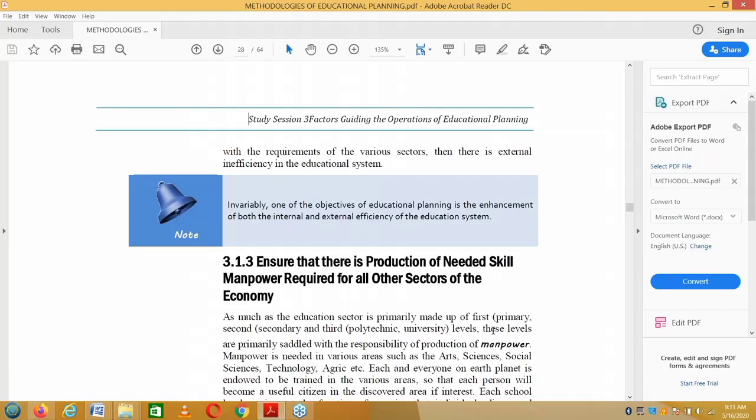these levels are primarily saddled with the responsibilities of production of manpower. Manpower is needed in various areas such as art, science, social science, technology, agriculture, etc. So each and every one on Earth is endowed to be trained in the various areas so that each person will become a useful citizen in the discovered areas of interest.